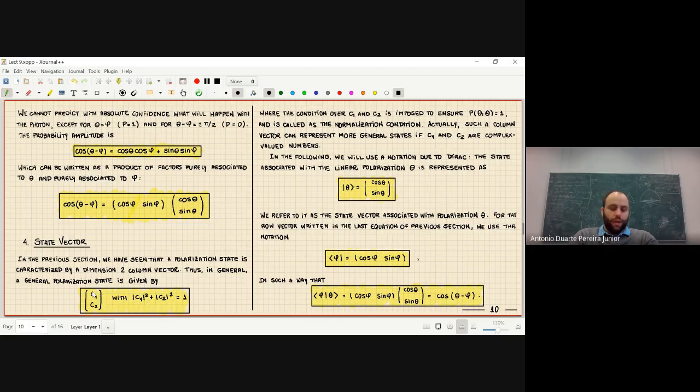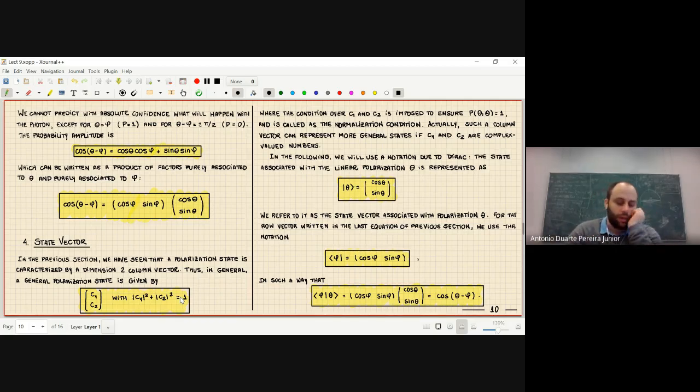So if I compute the absolute value of the first entry and square it, and sum it with the square of the absolute value of the second entry, this sum must give 1. We are going to understand this a bit better today.